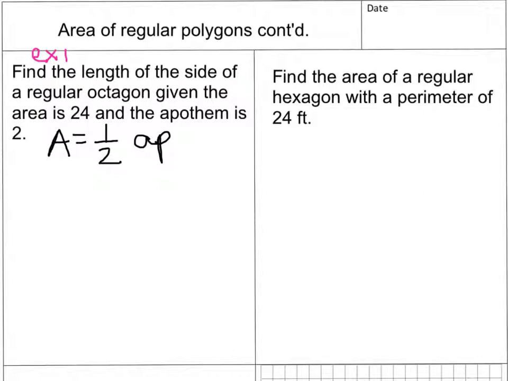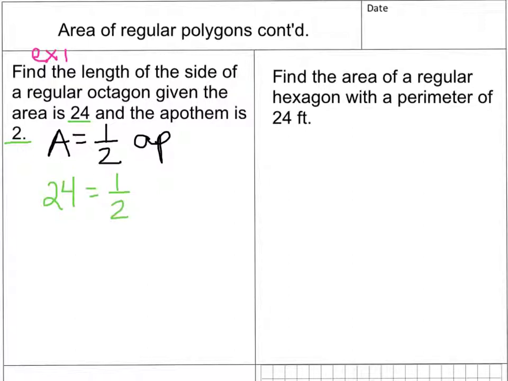The information you're given is 24 and 2. 24 represents your area, so in place of capital A, you put a 24.